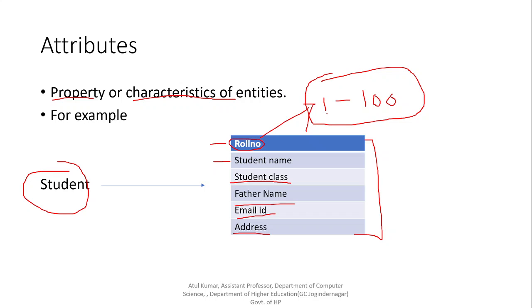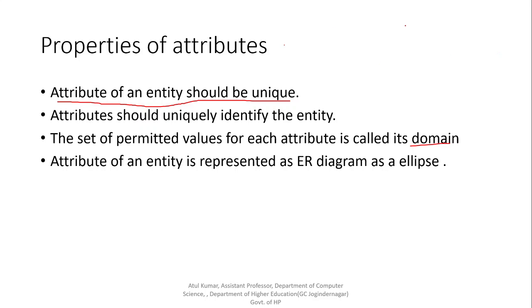We can assign a roll number to a student between 1 and 100, and this is called the domain of this particular attribute roll number. So a domain is basically the set of values permitted for each attribute in an entity. Next, the attribute of the entity is represented in an ER diagram as an ellipse.